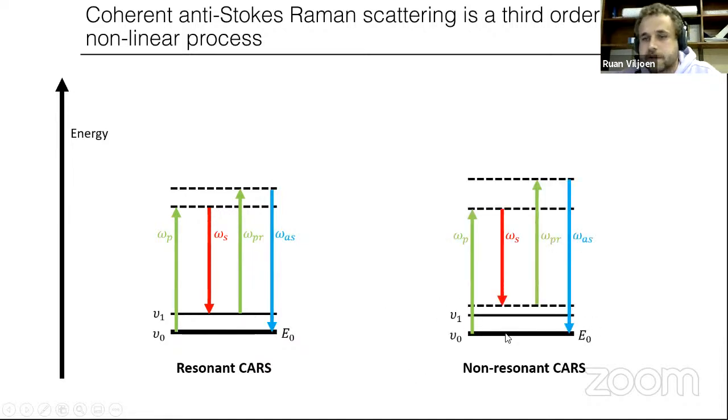For a non-resonant CARS signal, the Stokes and pump fields' difference does not match a transition, but you're still able to generate this anti-Stokes field. The resonant CARS is what we want, as this builds a fingerprint of the molecules that you want to study, whereas the non-resonant gives you information that you do not want.